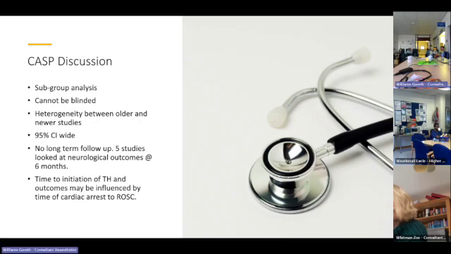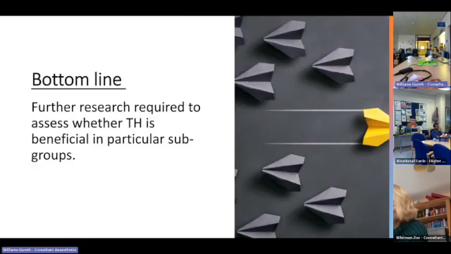And the time to initiation of TH, which is one of the authors' conclusions that showed improved neurological outcomes, might just mean that patients had an early return of ROSC and therefore improved outcomes. So my bottom line is that this paper is only hypothesis generating, and that more research needs to be done into therapeutic hypothermia and improving outcomes in relation to a shockable rhythm versus non-shockable rhythm. And that's the end of my presentation.